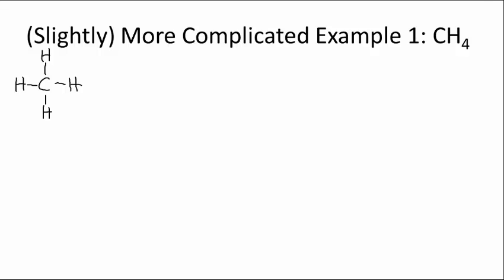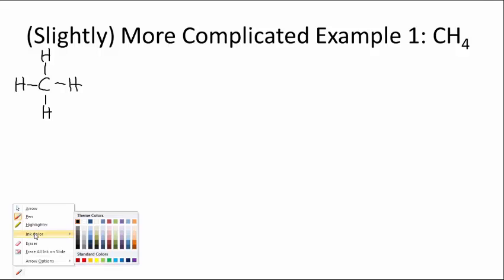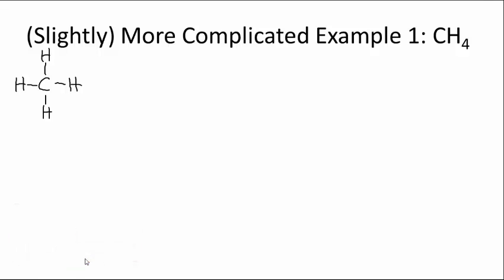What's the first thing you would want to know about the orbitals in carbon in that molecule? What can you tell me about the atomic orbitals in carbon in the CH4 molecule? It would be sp3 hybridized. Yep.